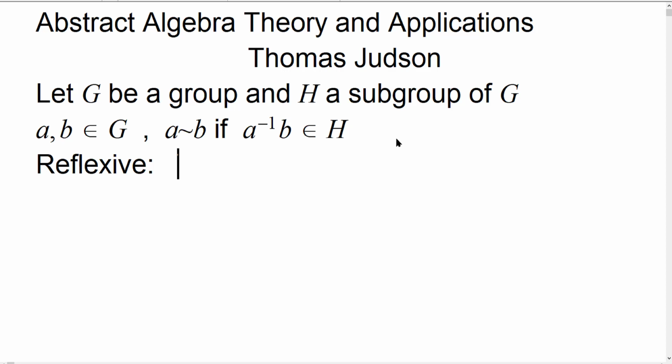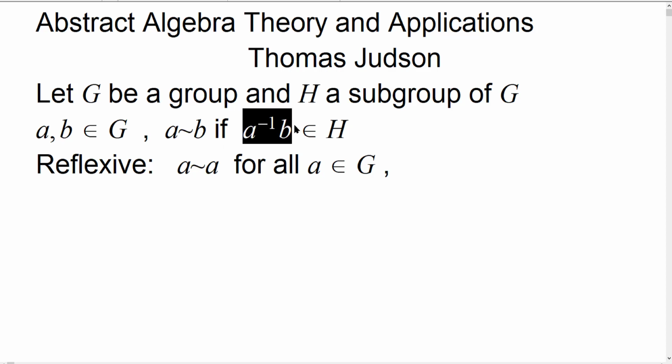Reflexive means whether A is related to A for all A in G. You can see that the answer to this is yes, because for any A in G, A inverse A, with A and B both being A, becomes the identity.